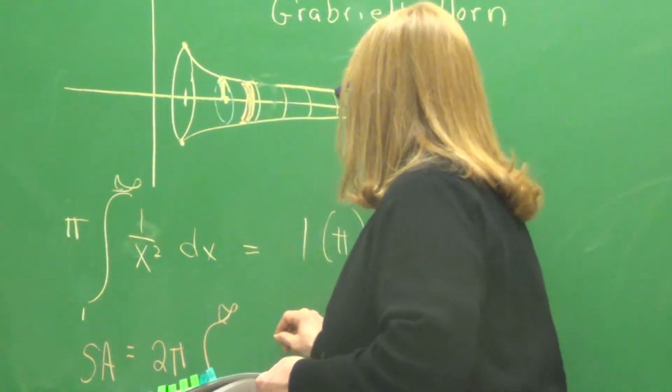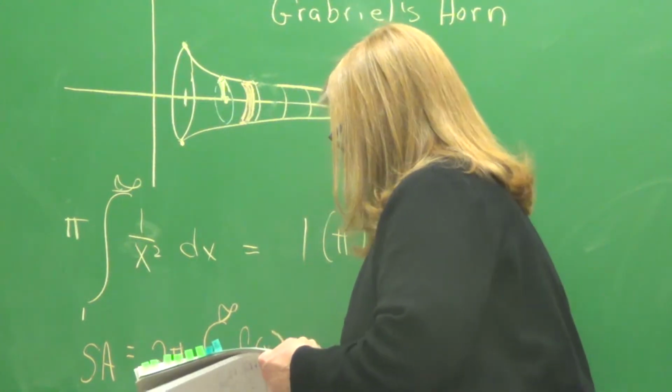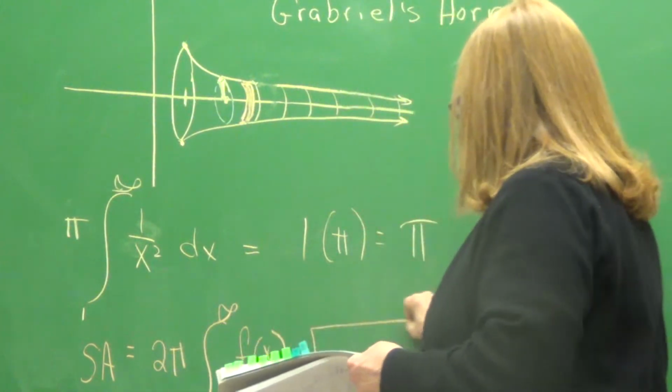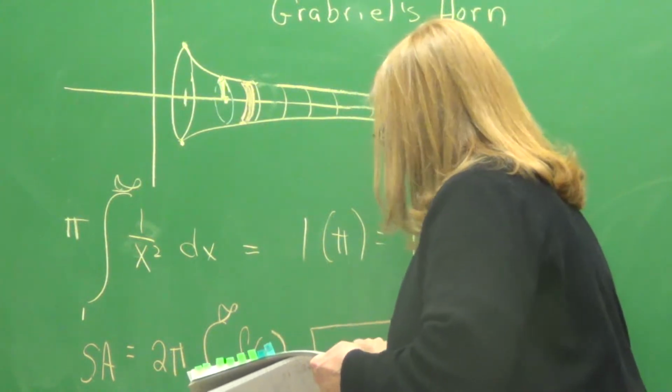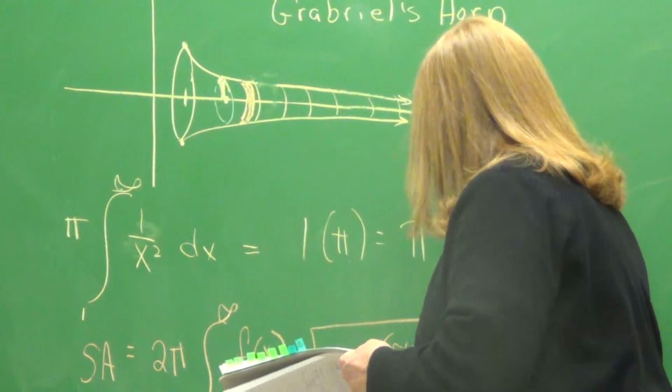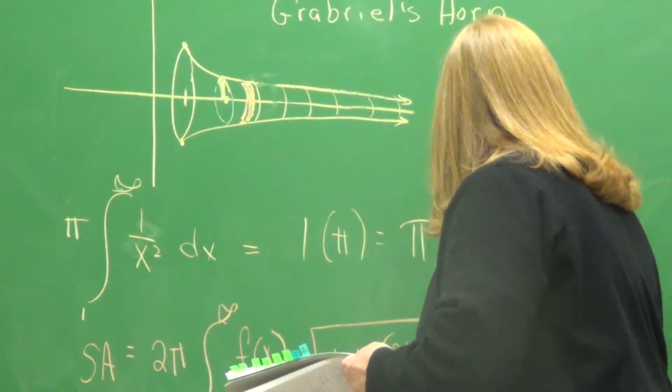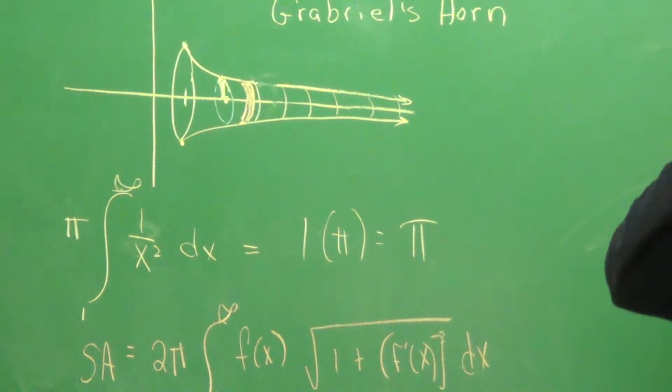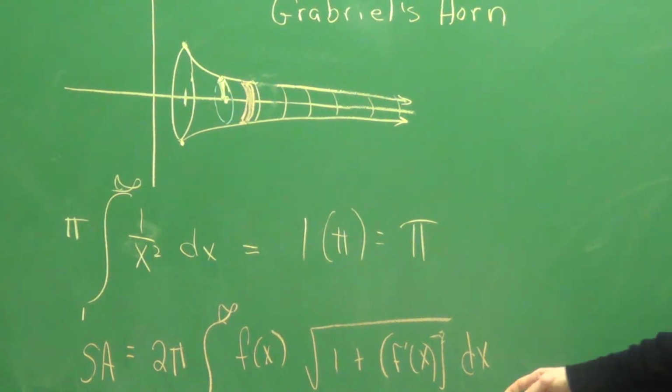But the formula was f of x, followed by this big square root. If you look through your notes, you will remember this formula.